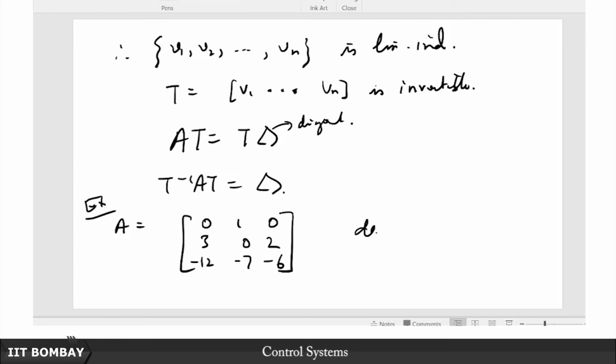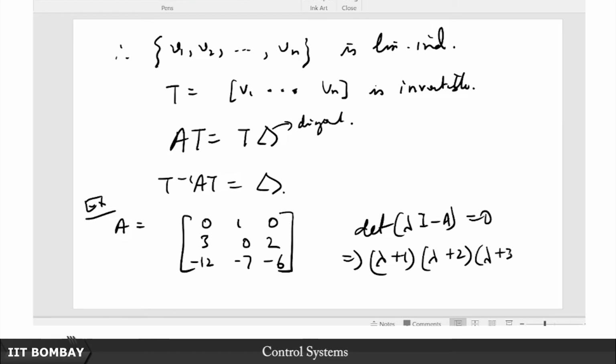So you see that if you take the determinant of lambda I minus A equal to 0, I have already solved it earlier, so I will not go through that trouble. You check, there is going to be lambda plus 1 into lambda plus 2 into lambda plus 3 equal to 0. So your eigenvalues are lambda equal to -1, -2 and -3.